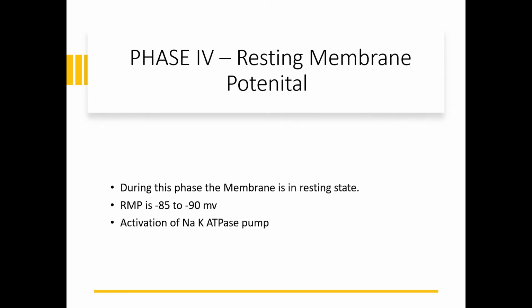At minus 60 millivolt, there is an opening of voltage gated sodium channels. As a result, the membrane potential will move from minus 60 millivolts towards minus 30 millivolt, and then to 0 millivolt, and then it will shoot towards the positivity.